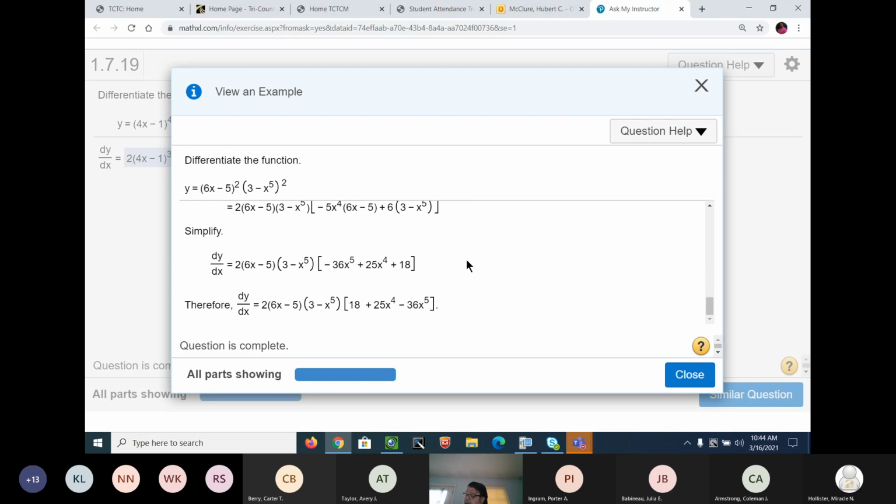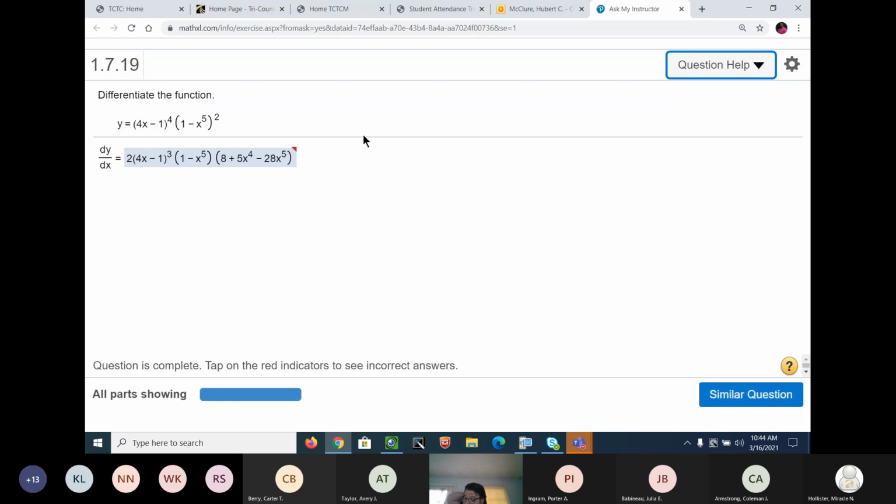Okay, maybe we could factor out. Let me write this on the next page and I'll try to factor out what I can. All right, we've got y prime is equal to... Wait a minute, I didn't write down the right thing.